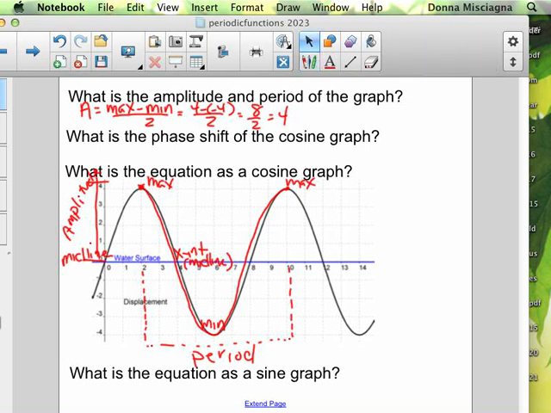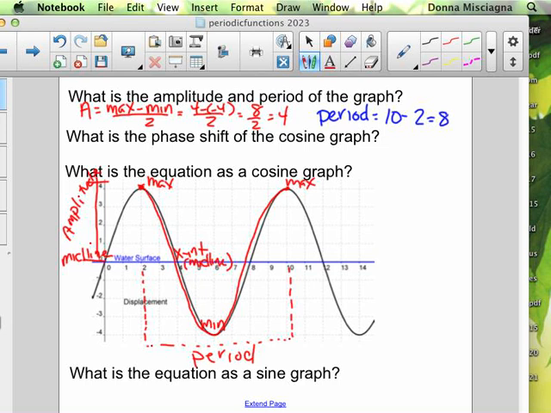The period, though, we will just identify right from the graph. The period ends at 10, and the period that we have outlined there begins at 2. So the period here is 8.